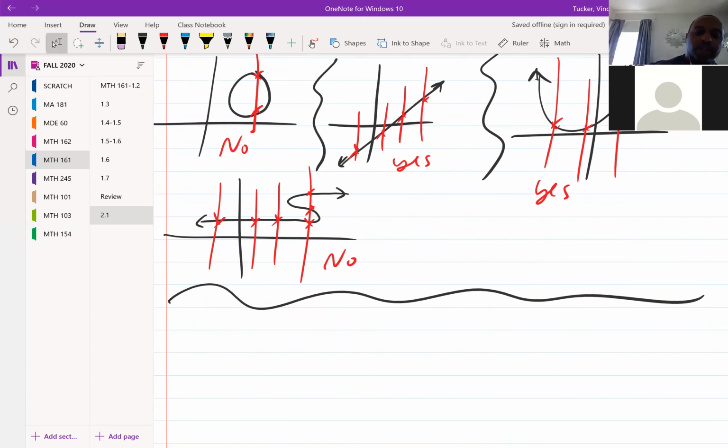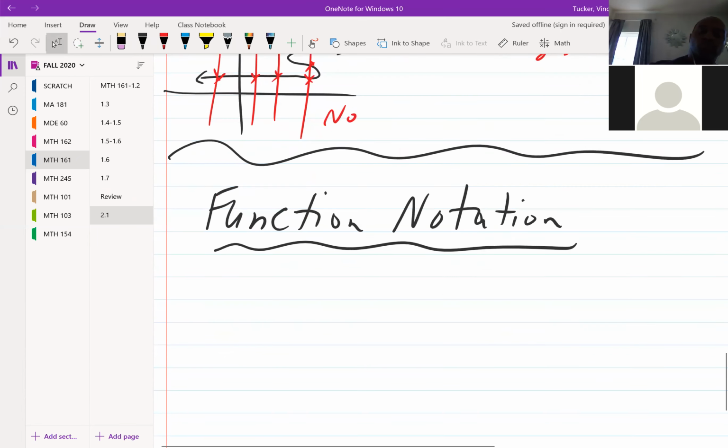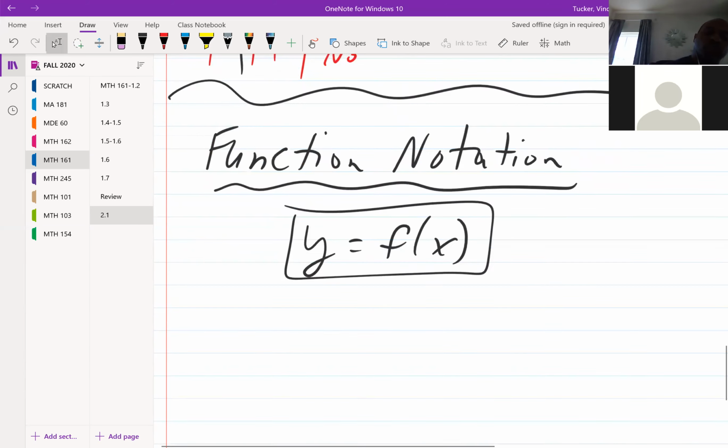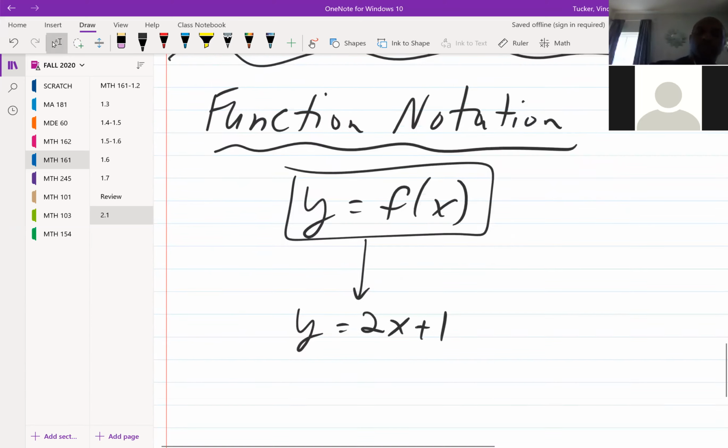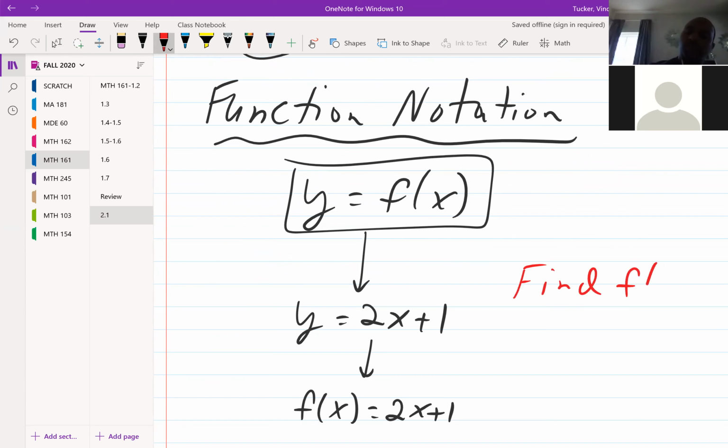So one last thing out of this section, function notation. All right, so function notation, y is equal to f of x.